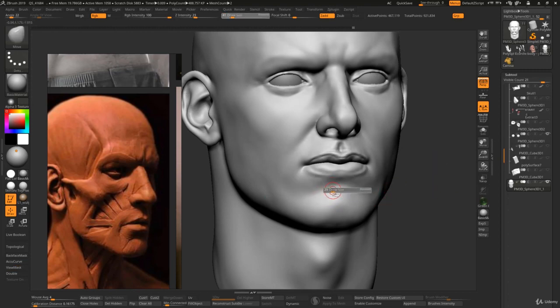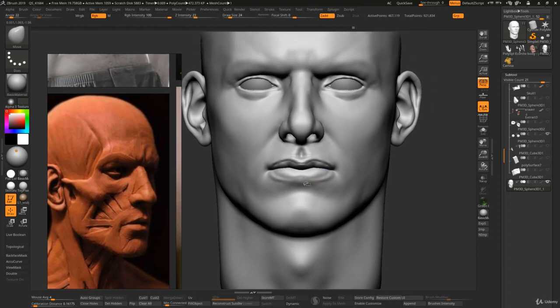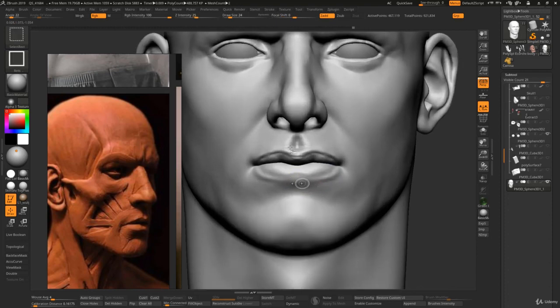And because of this, we have the change of planes for the chin and for the muscle. All right. Always remember to make this little depression. Remember the contour line of the mouth, which will create this M shape.